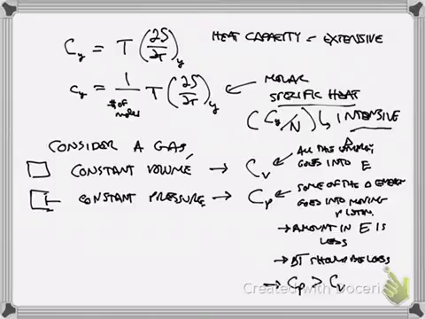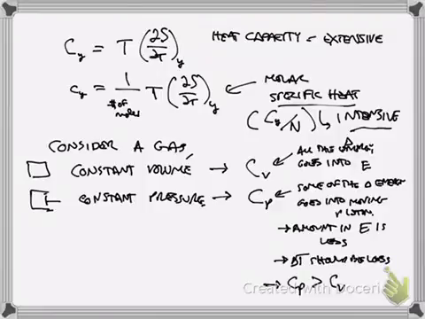That's interesting, and we're going to derive what the difference is right now for a simple case involving the ideal gas. Later, in a couple of days, we're going to derive what happens in the completely general situation, where the apparatus of thermodynamics will let us figure out the relationship between Cp and Cv for all materials. It's pretty remarkable that we can do that independent of the details of what things are made of.